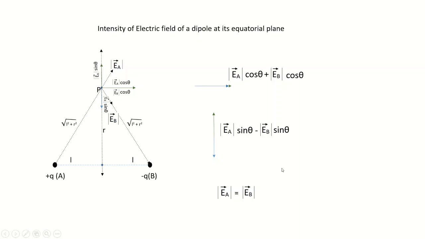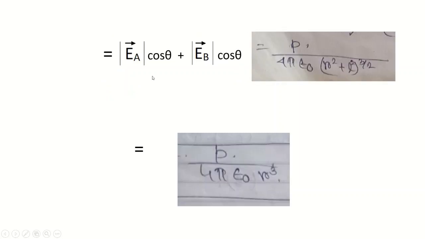Now if you follow on the equations, the total electric field will be present only along the x direction. There will be no y component, as it gets cancelled due to being the same in magnitude. Hence the total electric field that we obtain will be along the x-axis, EA cos theta plus EB cos theta, and if you look over into the calculation, you will obtain this result.